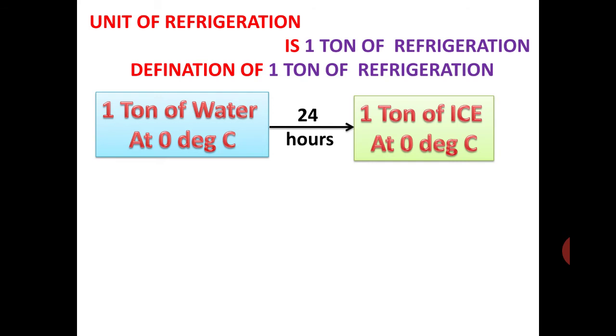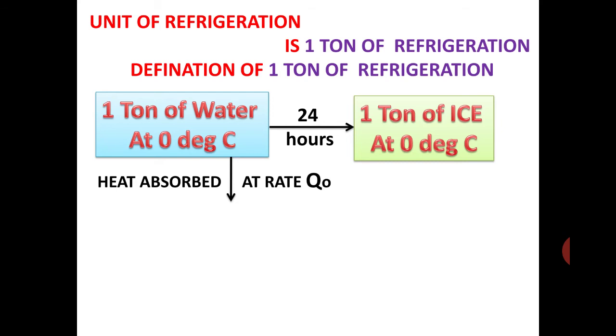But how is this conversion possible? In order to make this conversion possible, heat should be removed, heat should be absorbed at some rate Q0 from 1 ton of water continuously for 24 hours. Heat should be absorbed at some constant rate Q0 continuously for 24 hours.